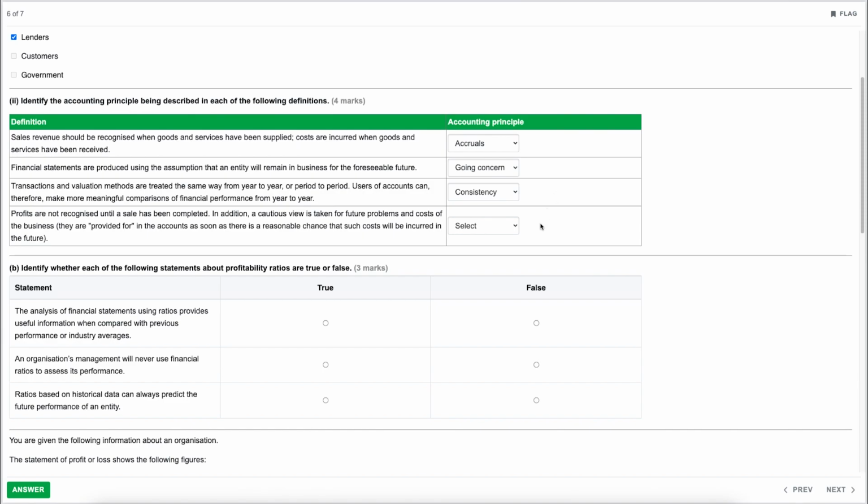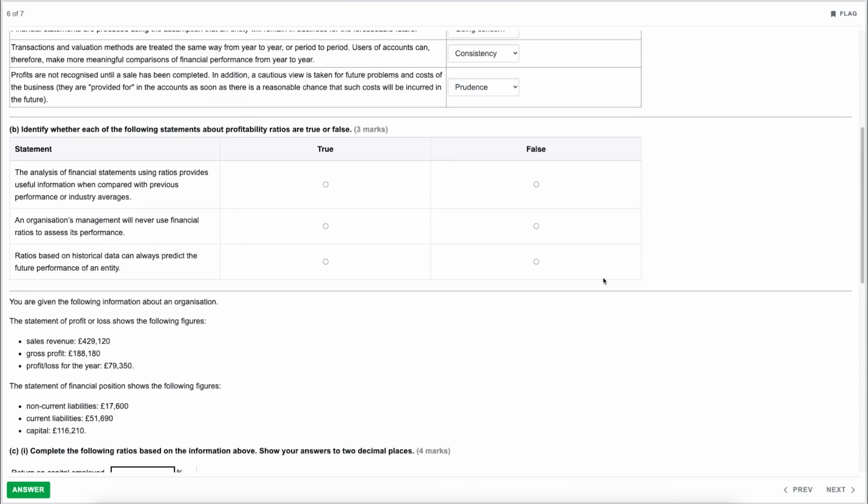Yeah, absolutely. So that perfectly describes what you would follow for the prudence concept. Not a great deal to add on those. It's one of those where you just need to learn the definitions. It's not worth a huge amount of marks, but it is still worth knowing, because if you carry on to level 4, you will need to know it there as well.